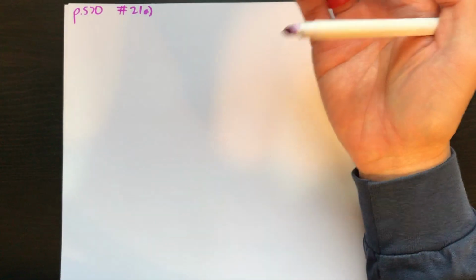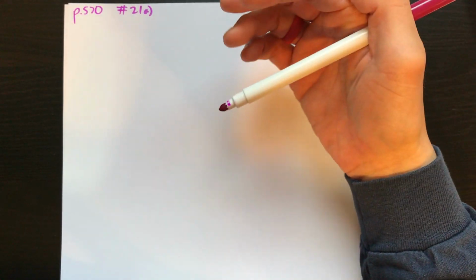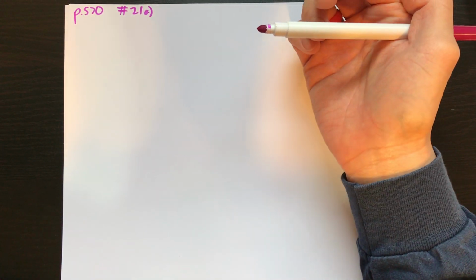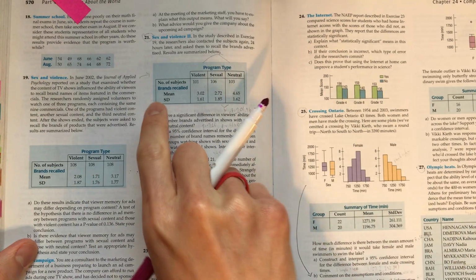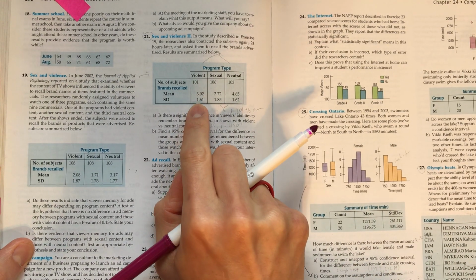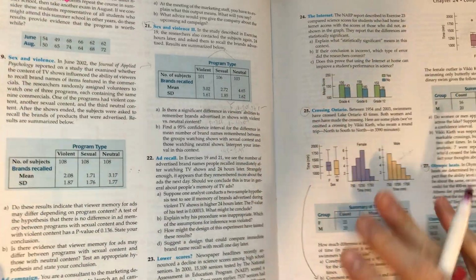Do you think that if a commercial showed during, say, a violent, gory show, that you would remember that commercial or that brand, whatever was being advertised, more than during a neutral, feel-good Hallmark type of show? Maybe, maybe not. That's what we're trying to see. So if you take a look in your textbook, we are comparing the violent mean versus the neutral mean, okay?